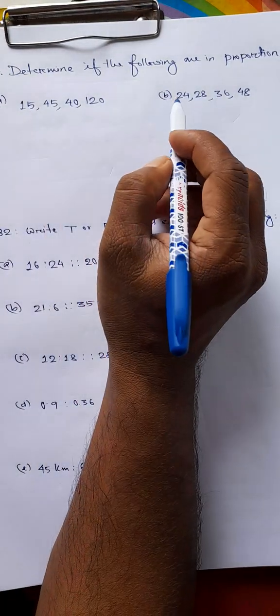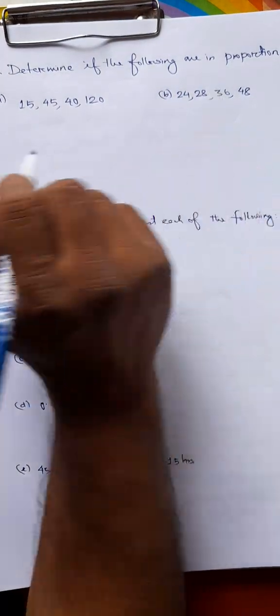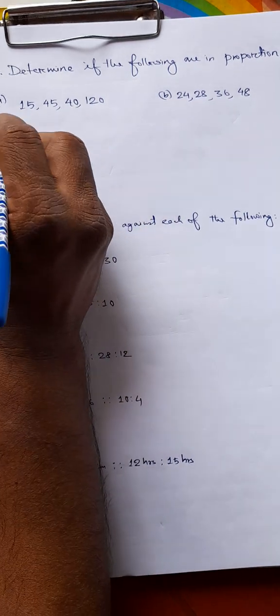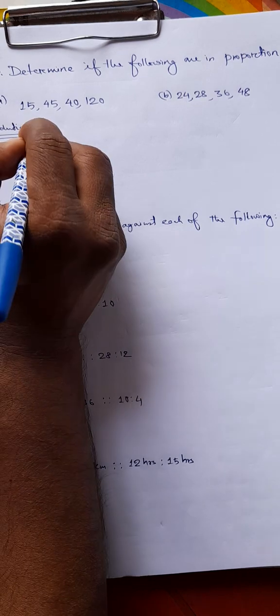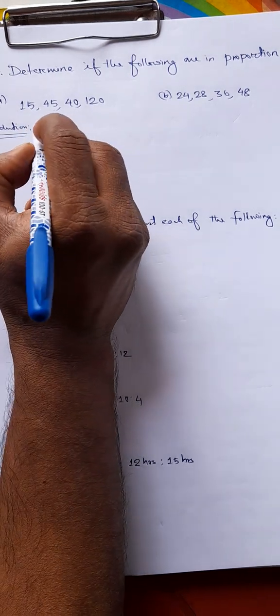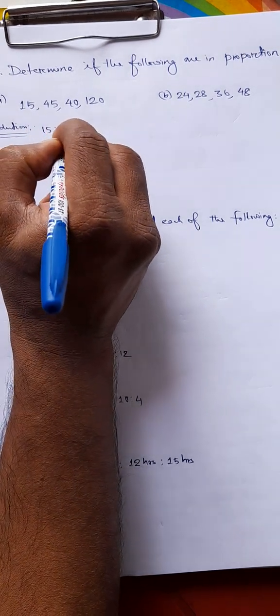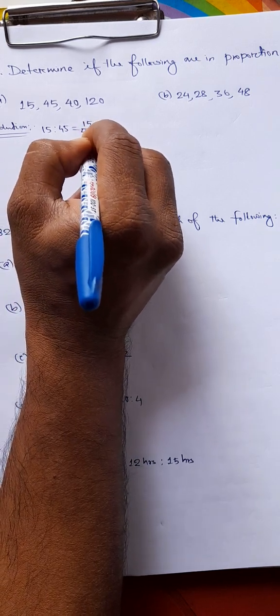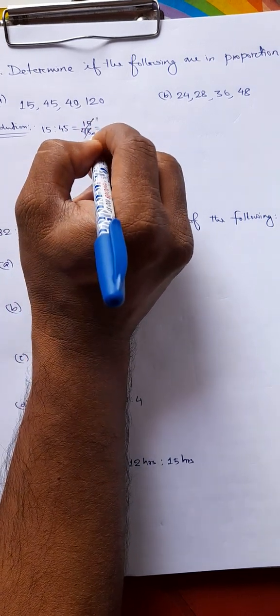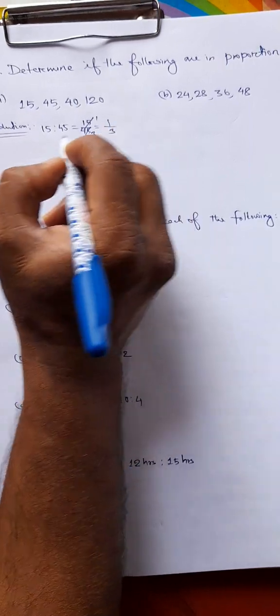Determine if the following quantities are in proportion. Now let's check. Find the ratio of the first quantities. 15 is to 45 means 15 by 45, which is 1 by 3.